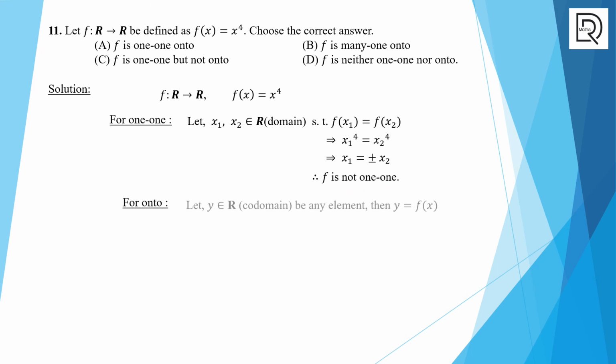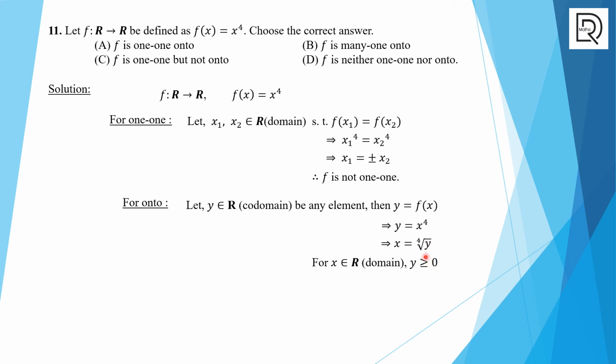Again, for onto, let y belong to R be any element. Then we can write y = f(x). So this implies y = x^4. So this implies x = the 4th root of y. And for x belonging to R, this y must be greater than or equal to 0.